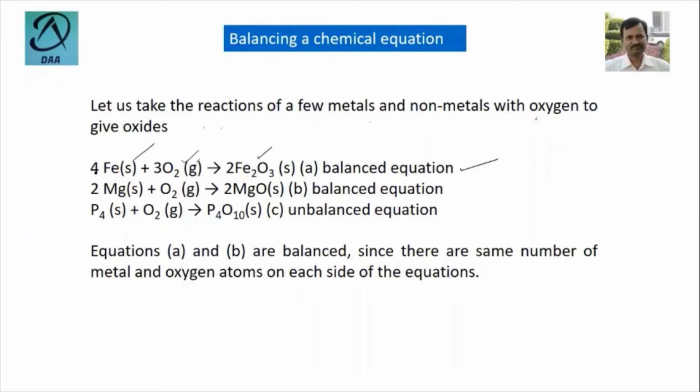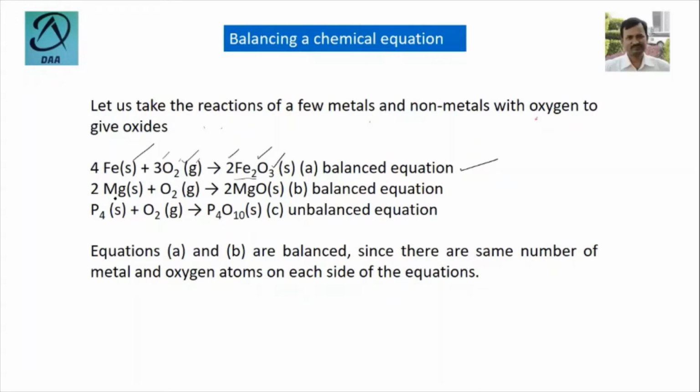Here there are 4 iron atoms on the left side, and on the right side you see 2 multiplied by 2, that means 4 Fe atoms. In the same way, for the reactant on the left side, 3 molecules of oxygen means the oxygen atoms are 6, 3 multiplied by 2, and on the right side also oxygen atoms are 2 multiplied by 3, 6. So it is the balanced equation.